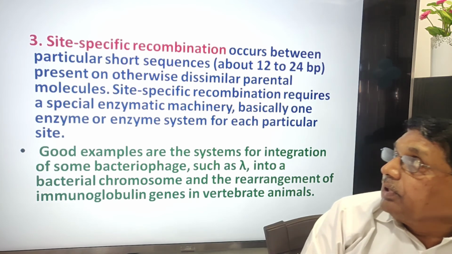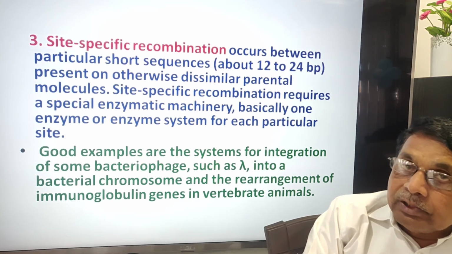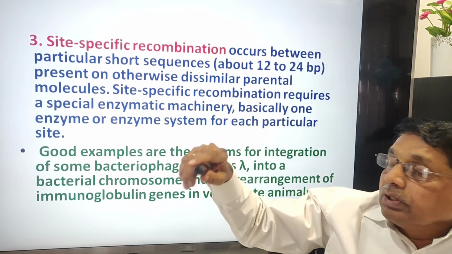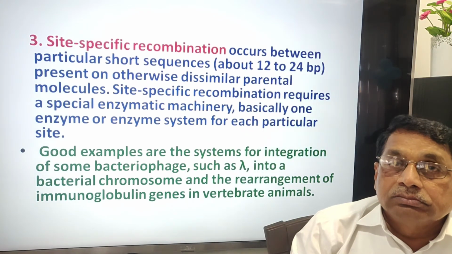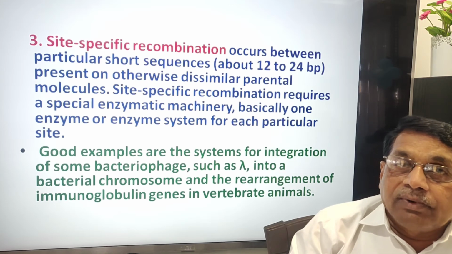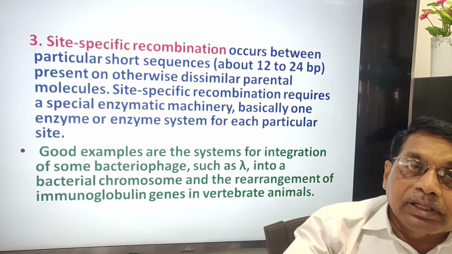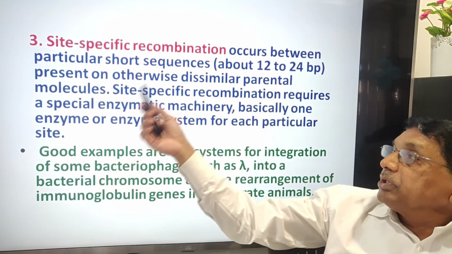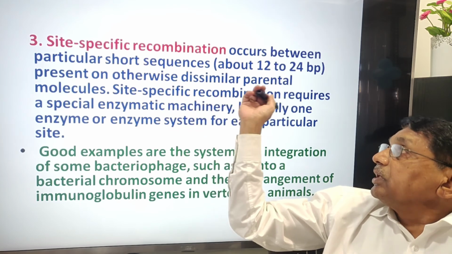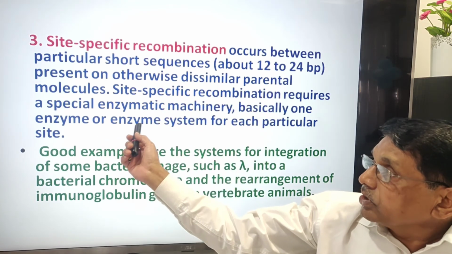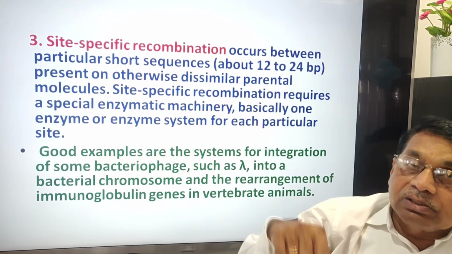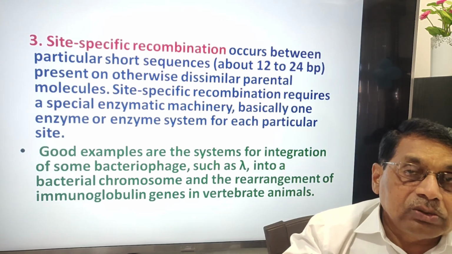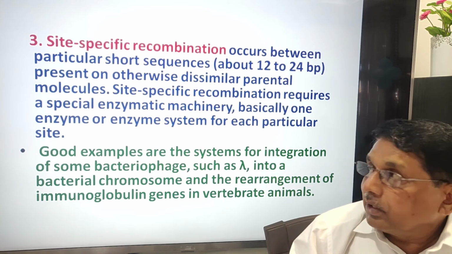Then site-specific recombination at a particular site, for example in lambda, 12 to 24 base pairs. At that place, the phage genome enters into the bacterial genome, the lysogenic cycle. Site-specific recombination requires a special enzyme machinery, the integrase enzyme, which integrates the phage genome into the host bacterial genome.